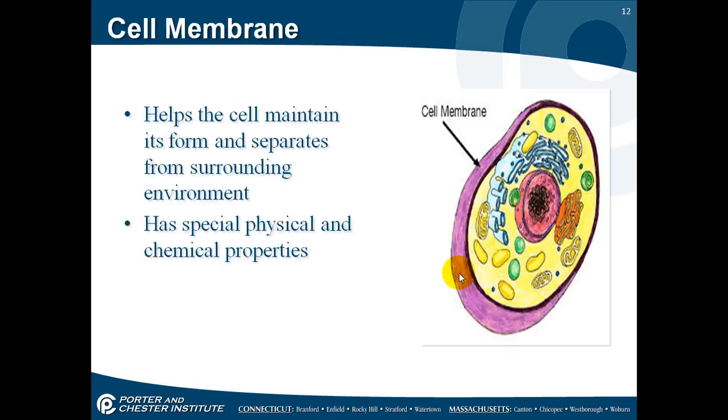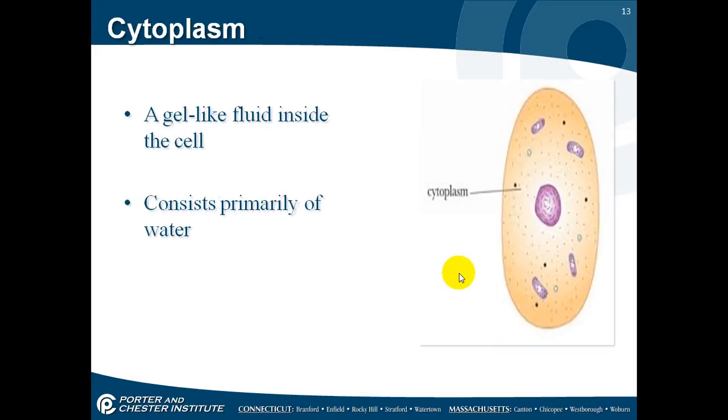The cell membrane is that outer coating of the cell. It helps the cell maintain its form, and it separates it from the surrounding environment, almost as our skin does to us. It has special physical and chemical properties. Cytoplasm is a gel-like fluid inside the cell.